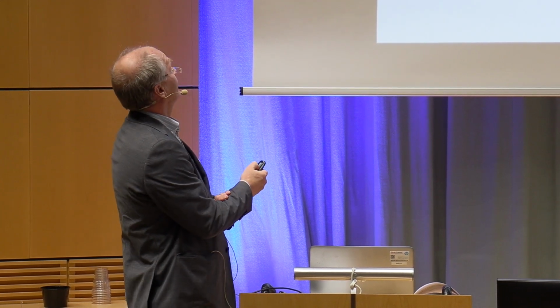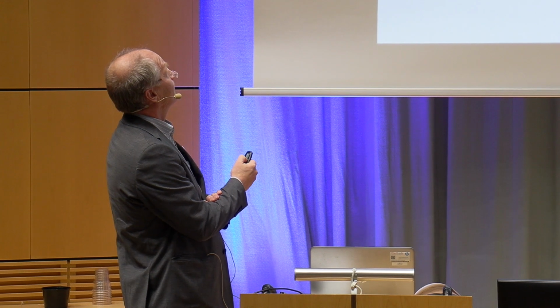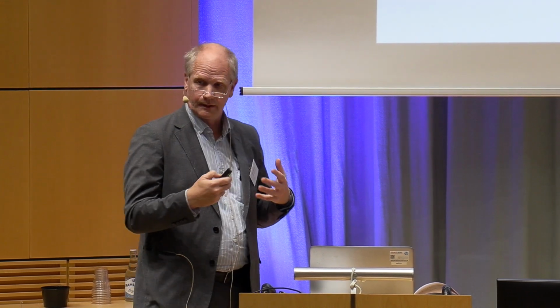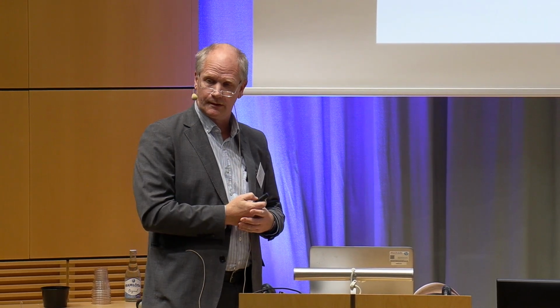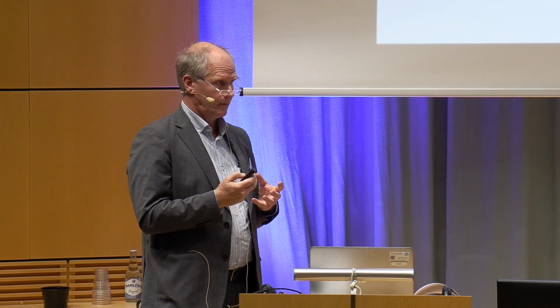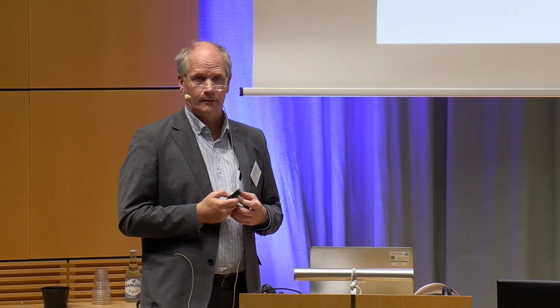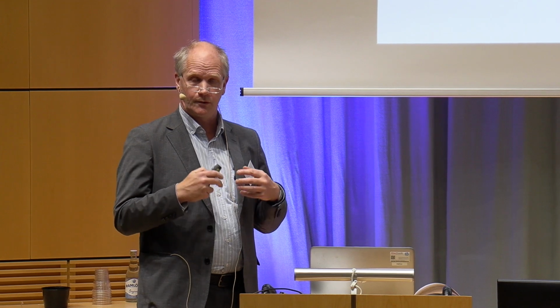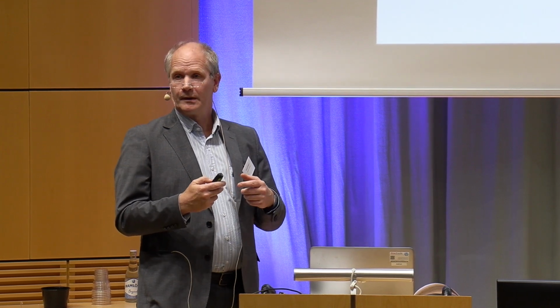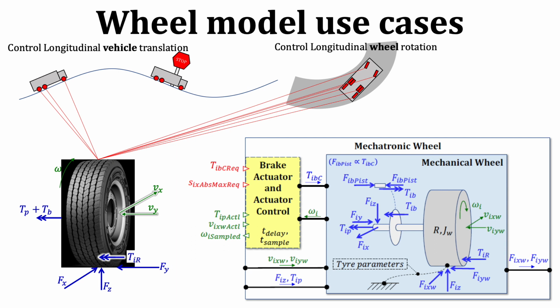There are basically two things. One is when you look at the longitudinal vehicle control of the translational, and look at functions like hill hold, adaptive cruise control, and so on, you should be able to stop, maybe reverse, fully stop, going up and down the hills.